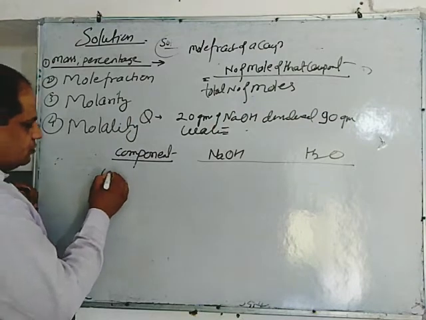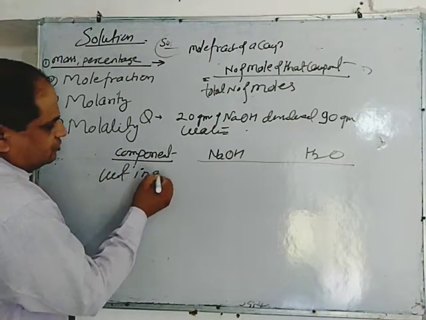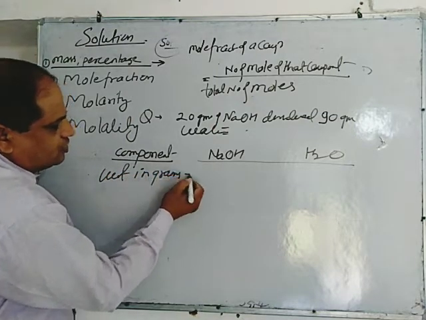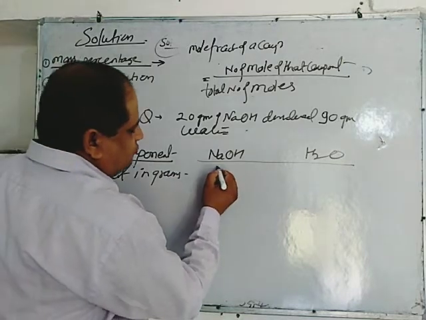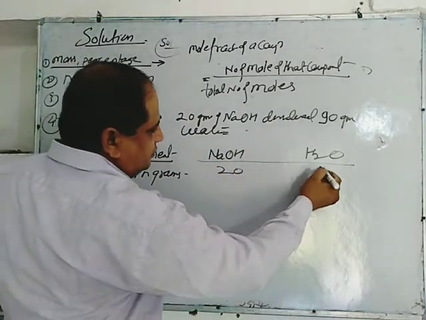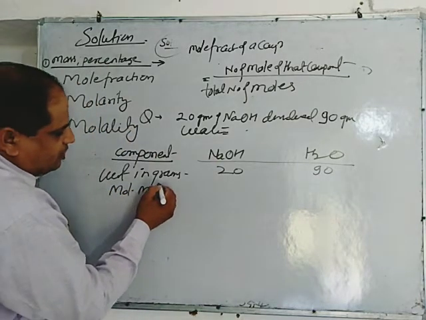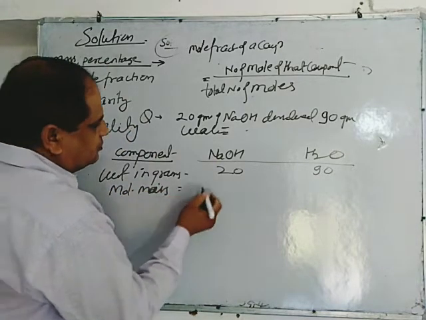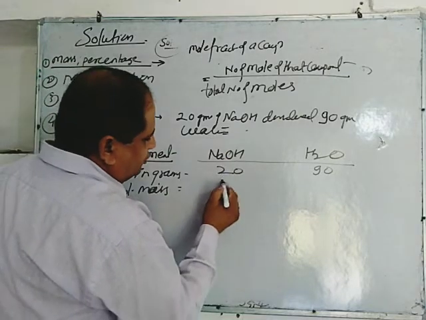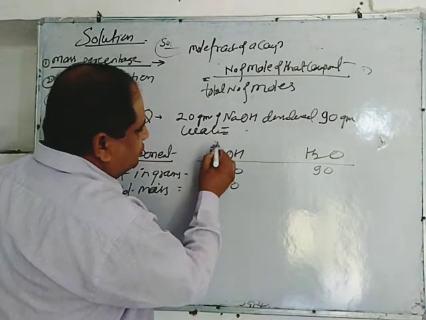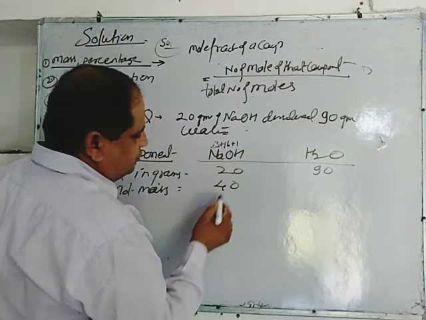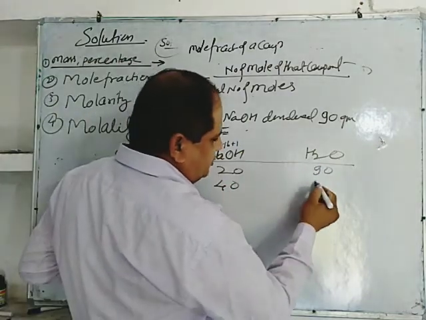Now weight in grams: 20 and 90. Molecular mass or molar mass: it's 40, 23 plus 16 plus 1, 40, and for water it's 2 plus 16, 18.